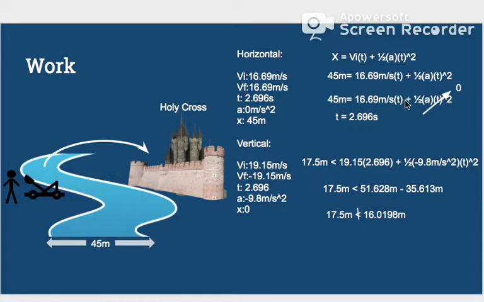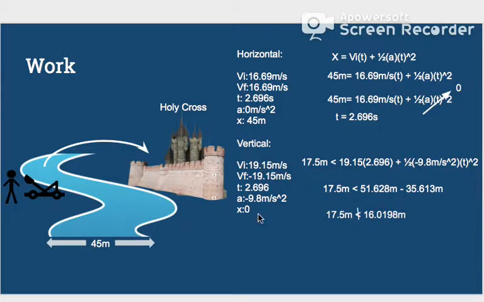To solve for time, we divide by the 16.69 meters per second. Dividing 45 meters by meters per second, the meters cancel out and we are left with just seconds, which is what we want when dealing with time. So the time it takes the rock to travel the 45 meters and hit or go over the wall will be 2.696 seconds.